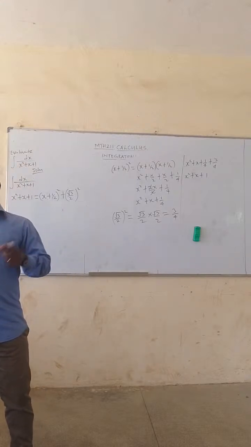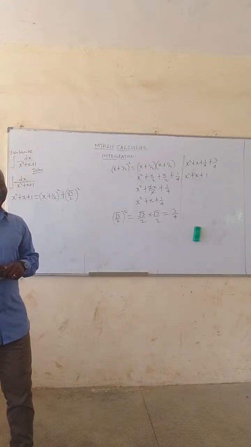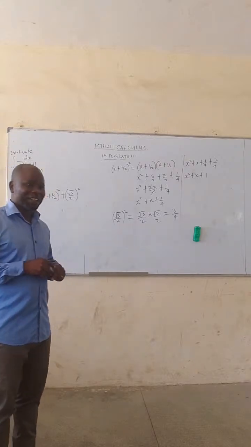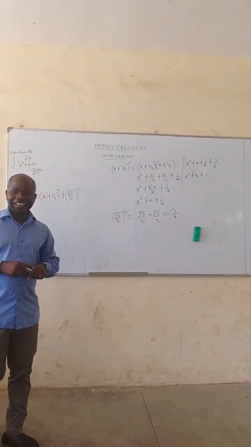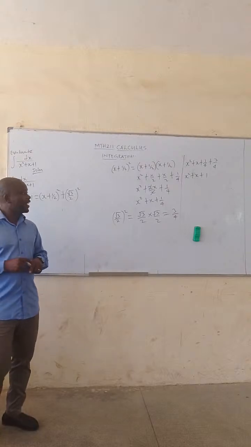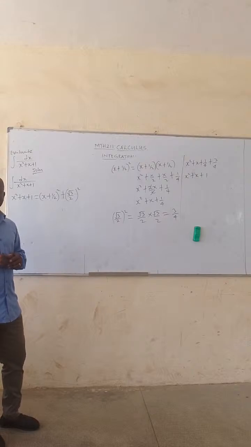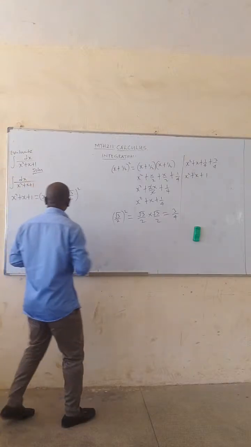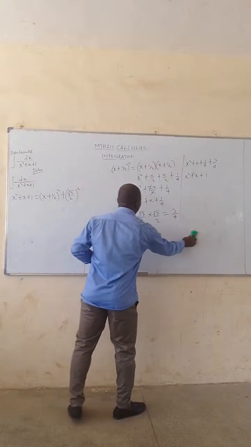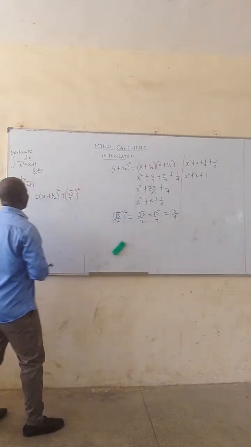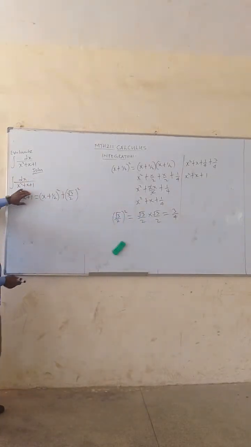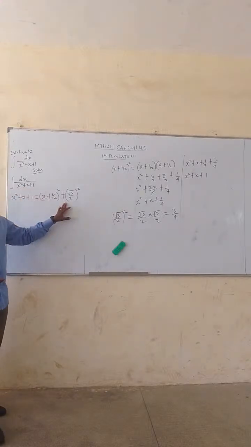So, how now from here? That is why you have to think. You have to think. Yeah. You have to think. Yes. Thank you. So now, instead of this, we can substitute in this.